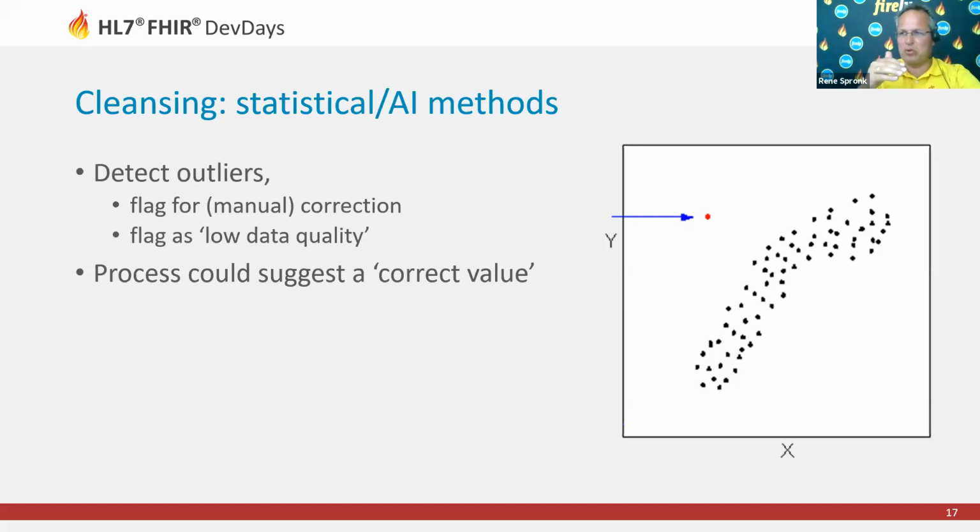But here we have a resource that doesn't have that particular data element populated. So maybe we need to flag that, because maybe that's questionable as to why they left that data element empty, whereas they normally populate it. But again, that's pure statistics, and it doesn't really require that much specific FHIR knowledge.